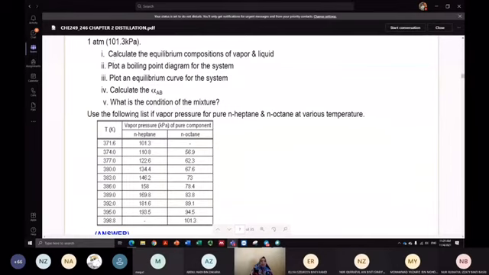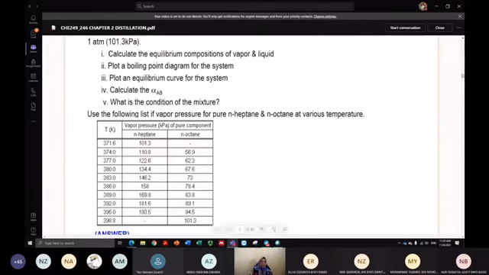For vapor, that will be YA for component A and YB for component B. For liquid, you find XA for component A and XB for component B.